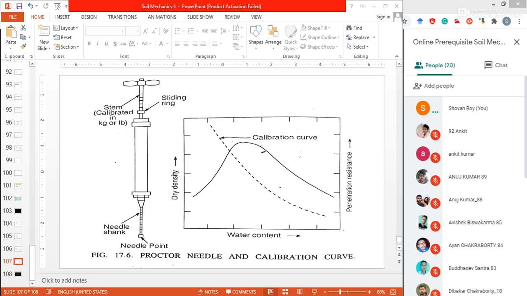Number one, the calcium carbide method, and another is the Proctor needle method.